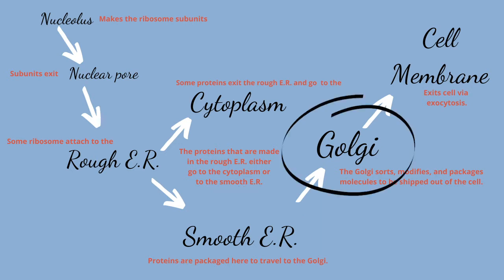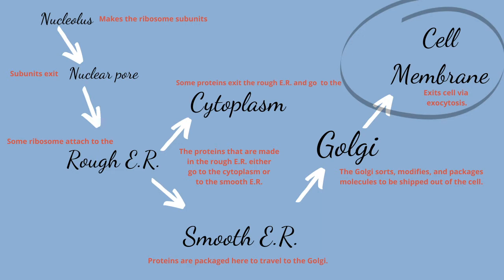The Golgi sorts, modifies, and packages molecules to be shipped out of the cell, and then they will leave the Golgi in a little vesicle and go and attach to the cell membrane so that it can exit through exocytosis.